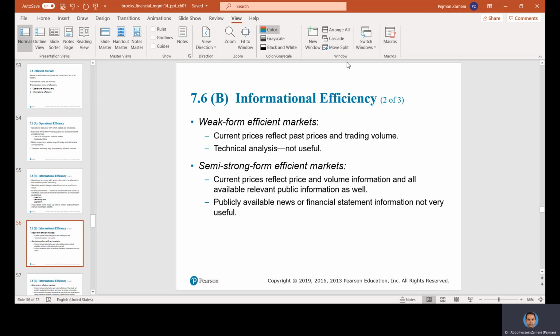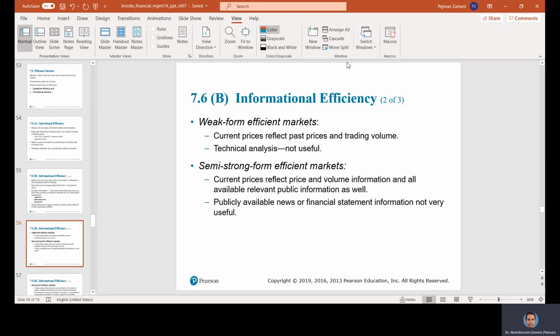Informational efficiency, a weak form efficient market. When we refer to the data or information, we can have historical data or information, we can have publicly available information, and we can have insider information. Weak form efficient markets: current prices reflect past prices and trading volume.